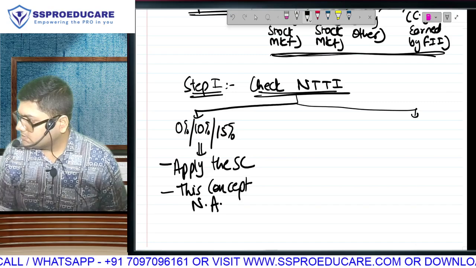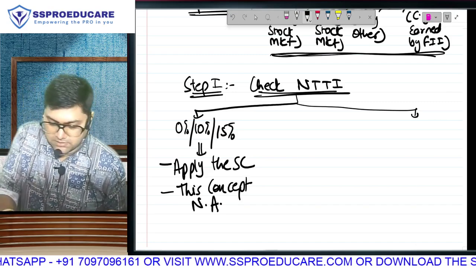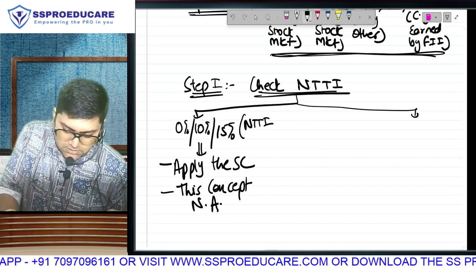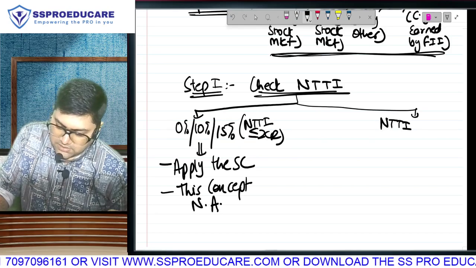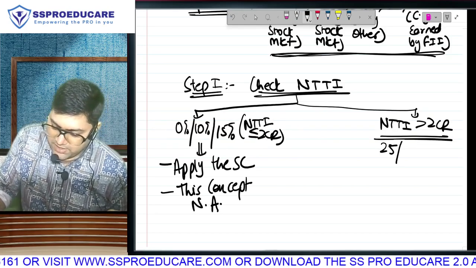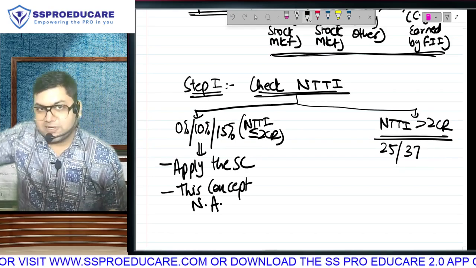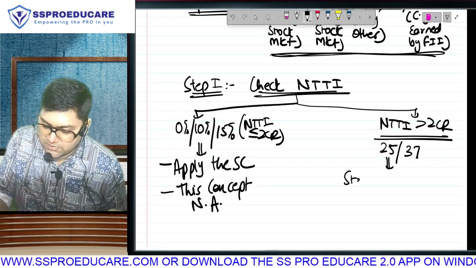Is that clear? But if NTTI is greater than 2 crore, so what can be your answer? It can be either 25 or 37, because upper side it can go to more than 5 crore also. So you will have to do step number 2.